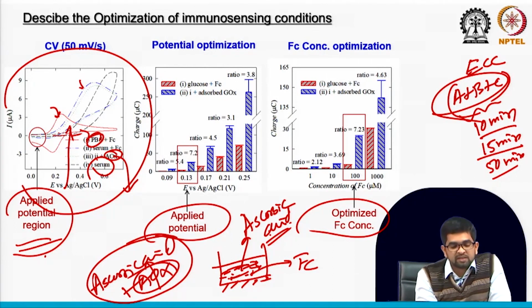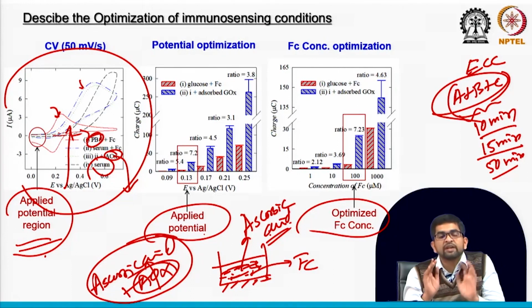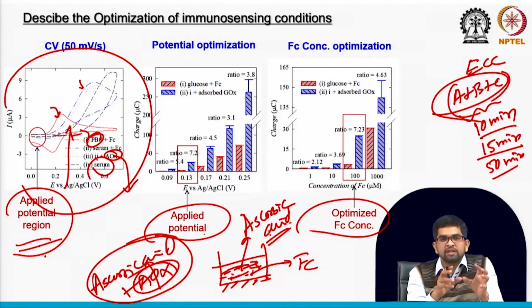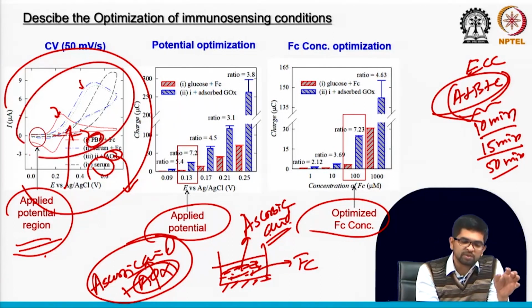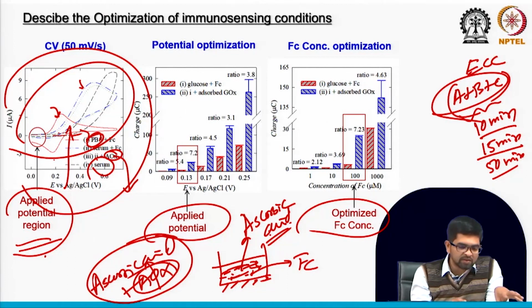You can decide these things if you measure all the cyclic voltammograms before the final decisions. Once your biosensors are ready, the antibody is fabricated and your chemicals are selected, everything is done. But before that you should have all this information. Only then can you decide which potential you want to apply.